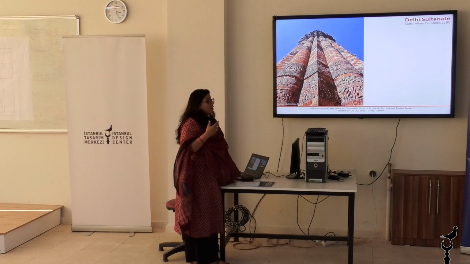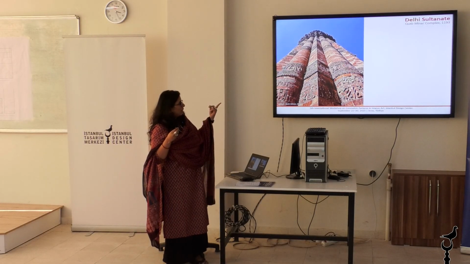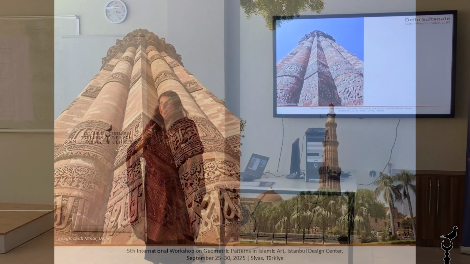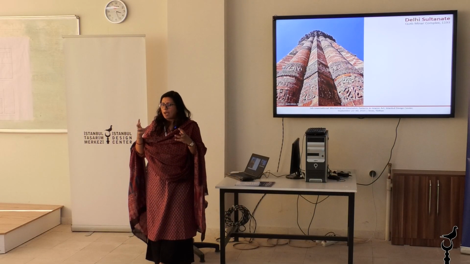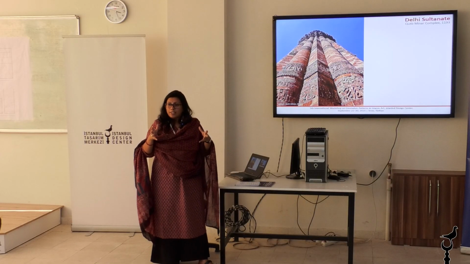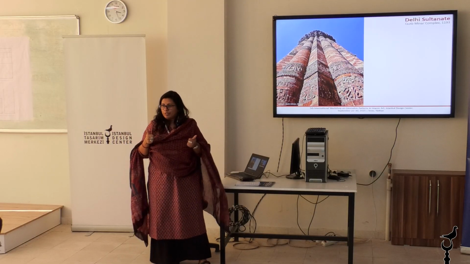What kind of architecture is still there today is the Qutub Minar complex. Here you don't have much of jalis because at that time there was a lot of political instability, there were constant attacks happening. So it was very rare that you find any architecture which is sustained over a period of time, and Qutub Minar is one of it.